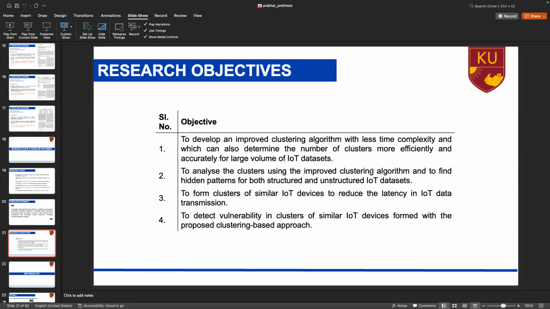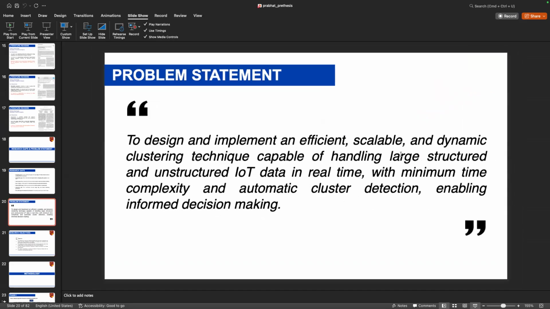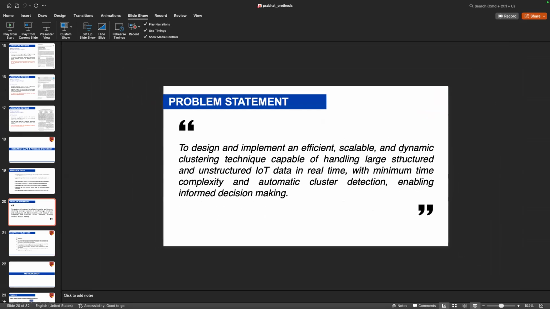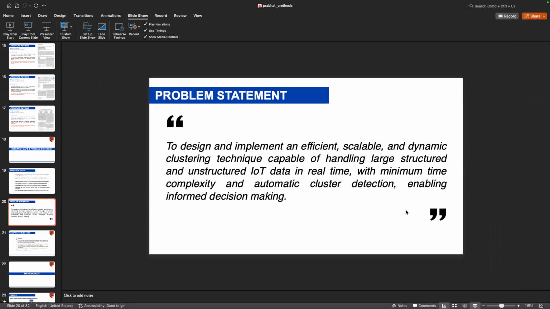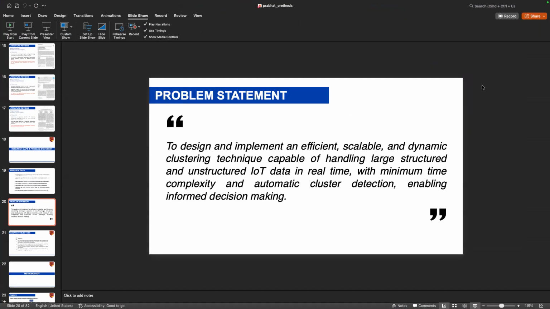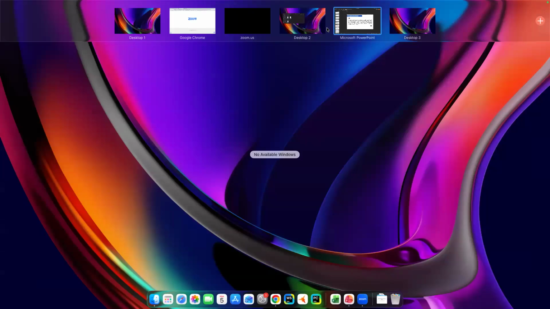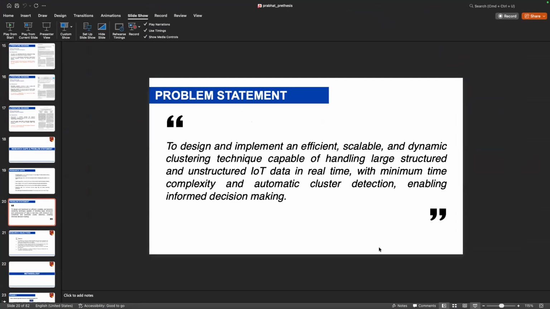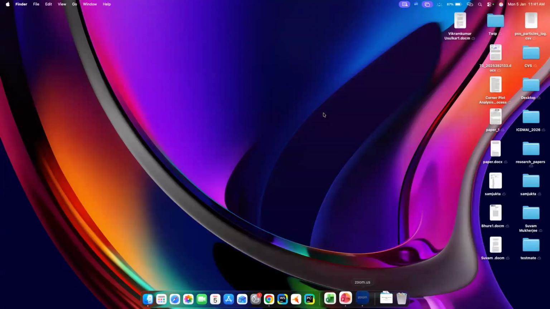Sir, which number objective, sir? Yeah, can you go to the problem statement? Yes, sir. We are not able to see it out there. I mean, probably the presentation mode is off. Okay, just a second, sir. I'm just presenting it. Is it visible now, sir?